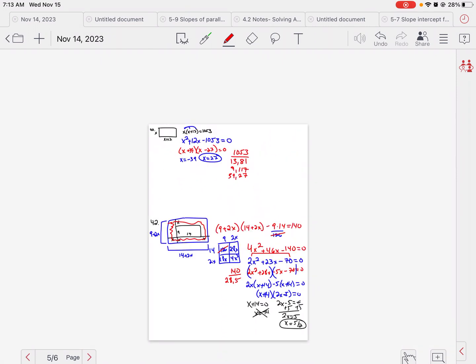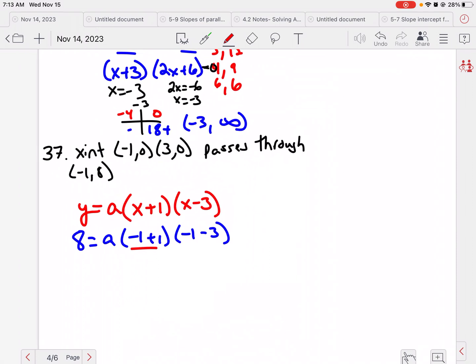All right, so going back to this problem, I'm going to have to look something up here because I don't remember exactly what I need to do here. So you all are just going to patiently wait while I do that. To write a quadratic with 2 x-intercepts and a point.